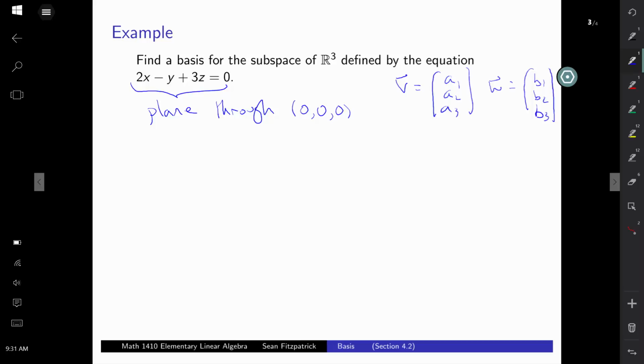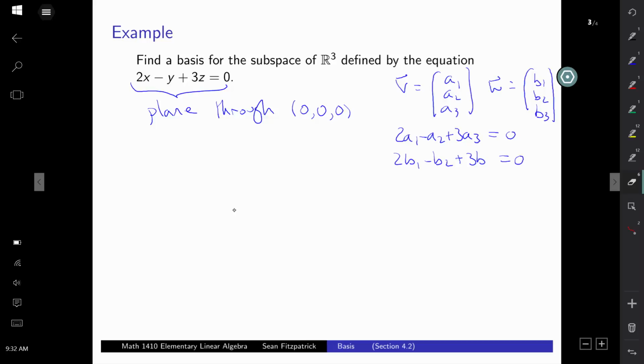If I said that v and w are both in that subspace, what I would be telling you is that 2a1 minus a2 plus 3a3 has to be equal to 0, and that 2b1 minus b2 plus 3b3 has to be equal to 0, right? Notice in particular that 2 times 0 minus 0 plus 3 times 0 equals 0. The 0 vector is in there.